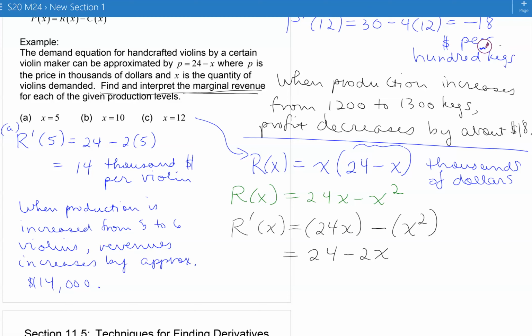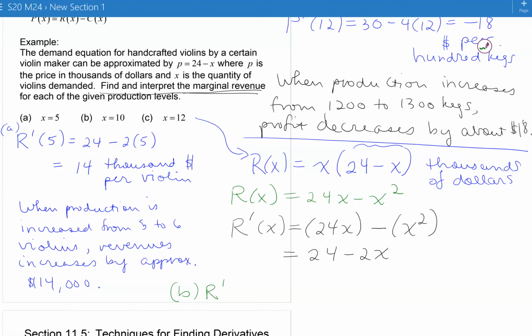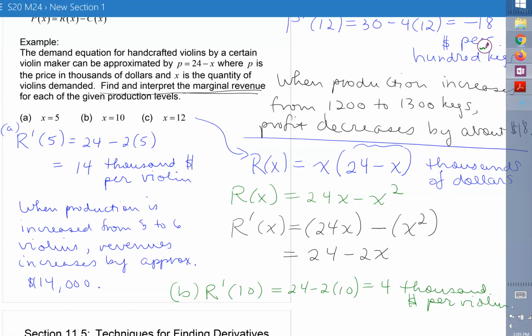You should increase your revenue, your production, if it's going to increase your revenue. So let's look at B, where we have r prime of 10. So I have 24 minus 20, so that's $4,000 per violin. And your sentence would say, when you increase the production from 10 to 11, your increase in revenue is only about $4,000 per violin.